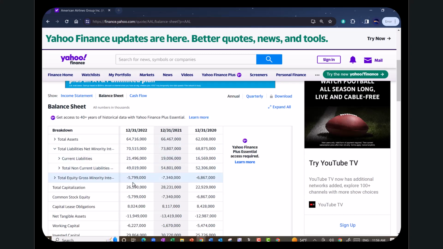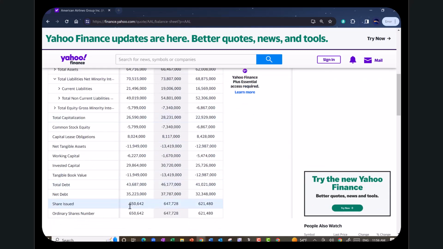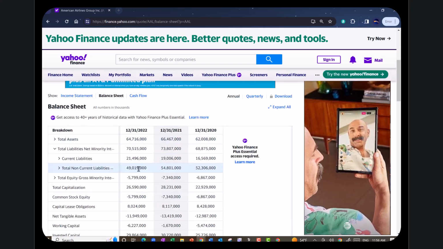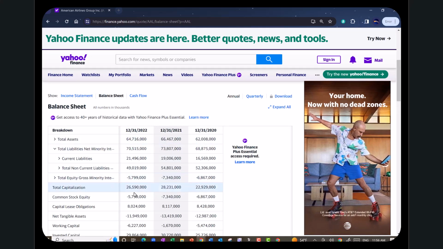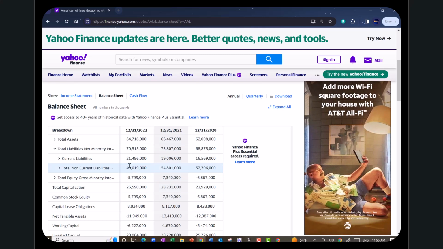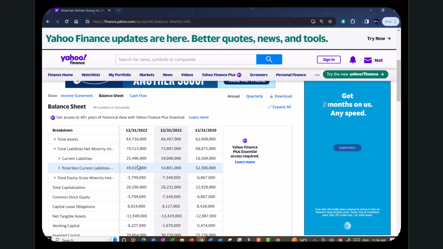They have $49 billion worth of long-term debt. They also have $21 billion worth of current liabilities. Their net equity is probably negative. But let's not worry about that much, it's because of minority interest issues. That's $70 billion in total liabilities. The total assets on their book value is worth $64 billion.